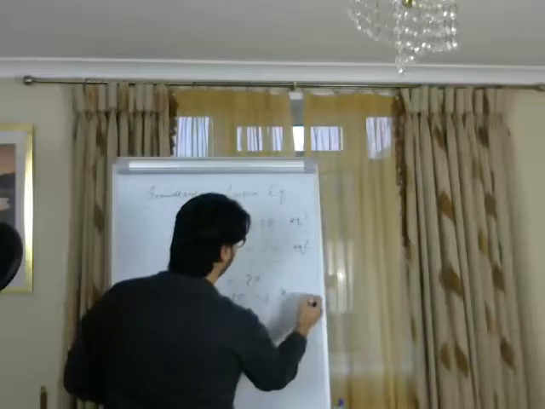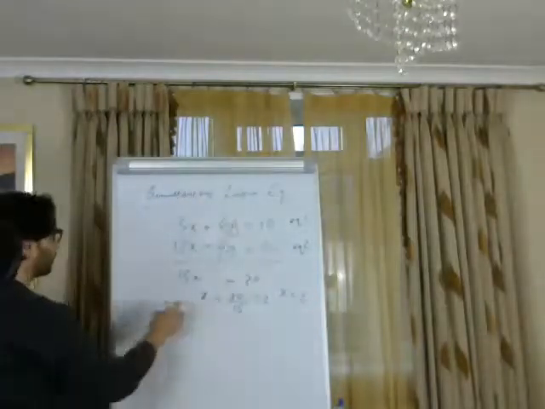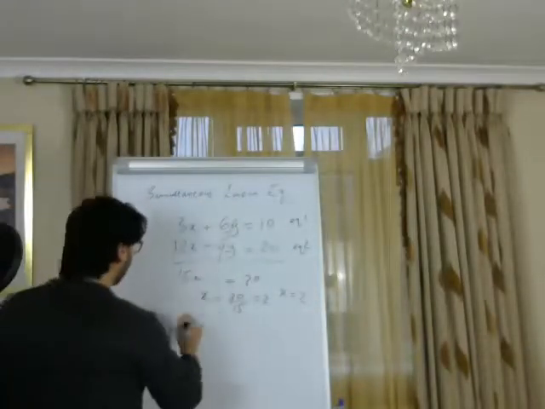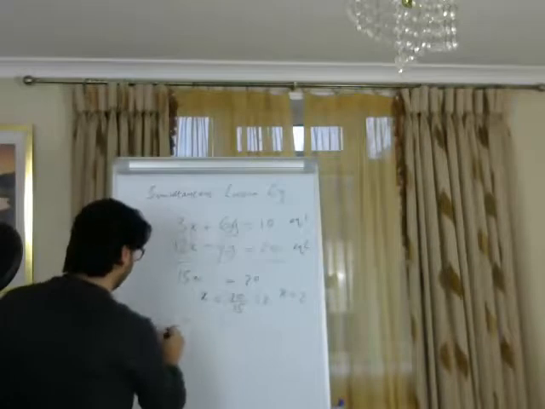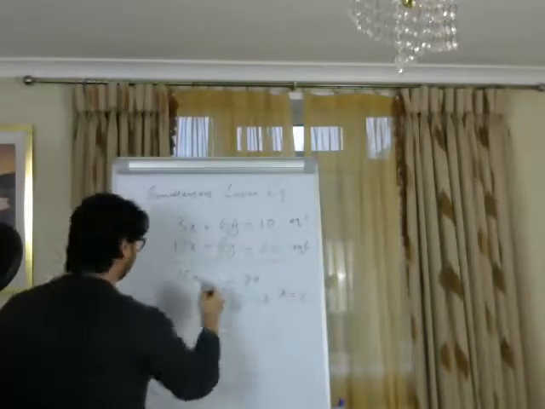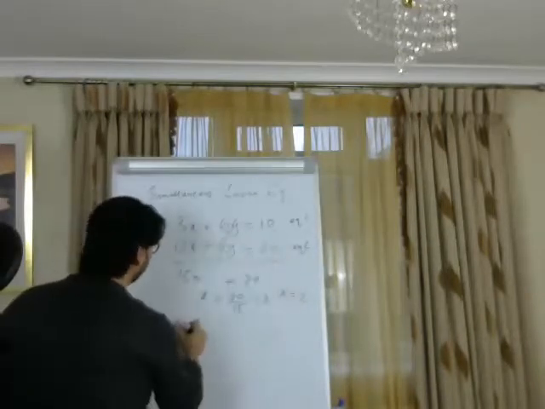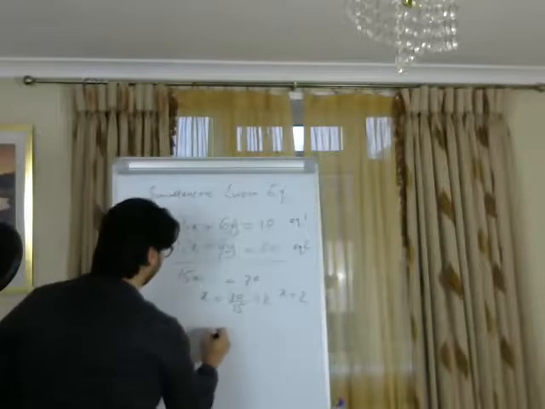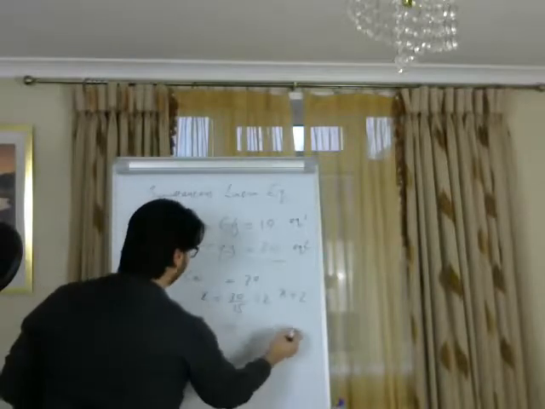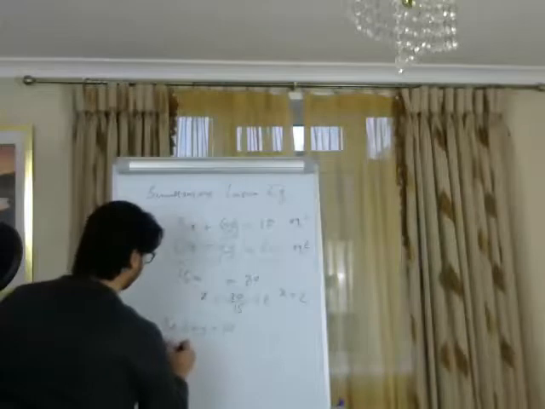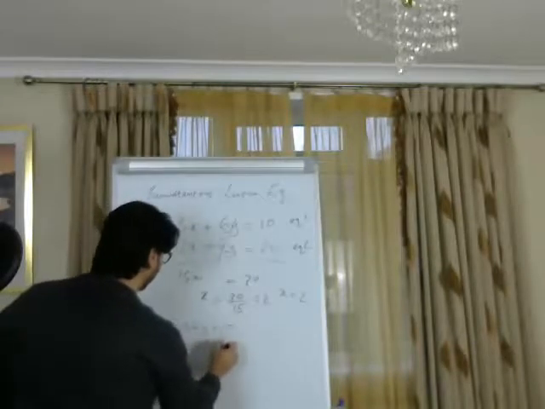Now we find the values for y. So for y, what we need to do is we can bring any equation down. So we have 3x plus 6y equals 10. We know the value for x is 2, so we just substitute in place of x: 6 plus 6y equals 10.